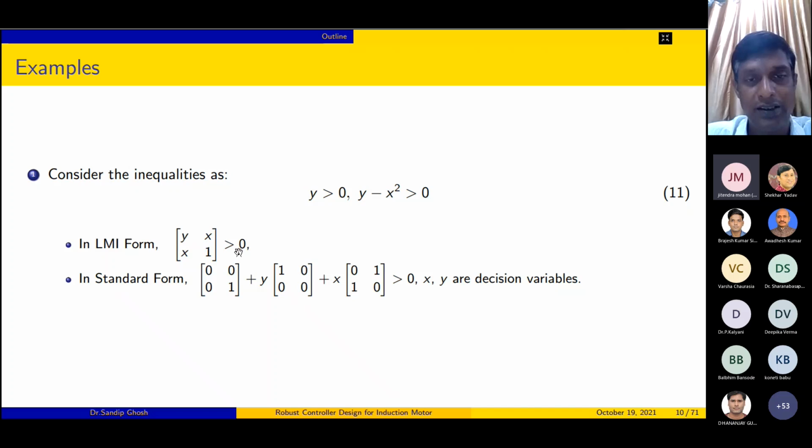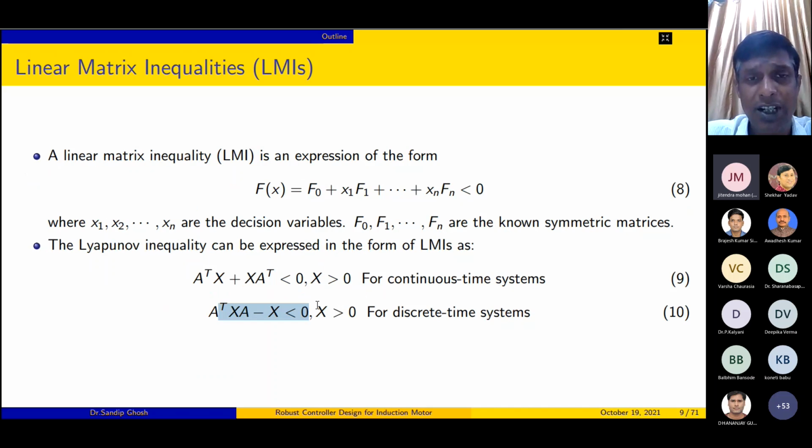So if we look at this greater than 0, then we can write this as [0, 0; 0, 1] plus y, a decision variable, multiplied by [1, 0; 0, 0], and x, another decision variable, multiplied by its matrix, and this summation should be greater than 0, where x and y are the decision variables. So you can see this is expressed in a similar fashion as we have written in the previous slide, right?